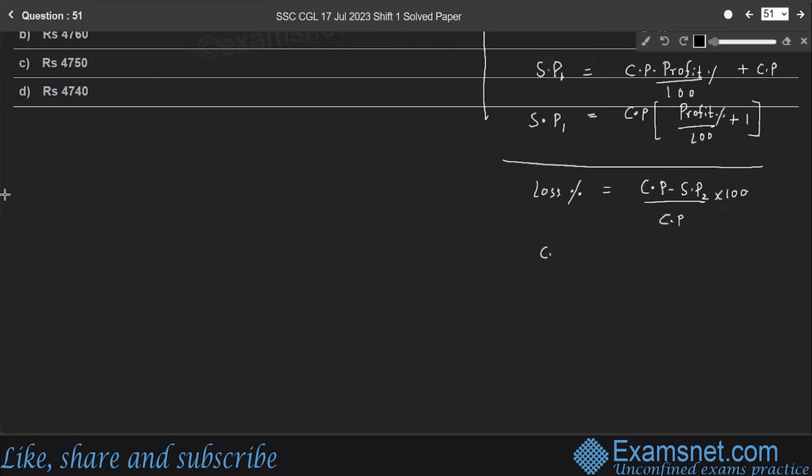So cost price into loss percentage divided by 100 is equal to cost price minus SP2. We need SP2. Therefore, selling price 2 is equal to cost price, taking cost price common, into 1 minus loss percentage by 100.